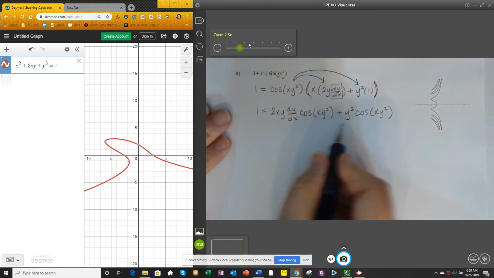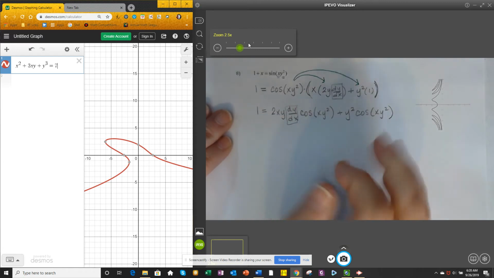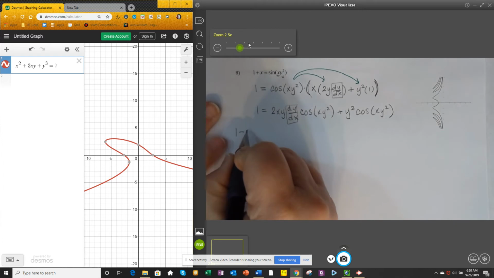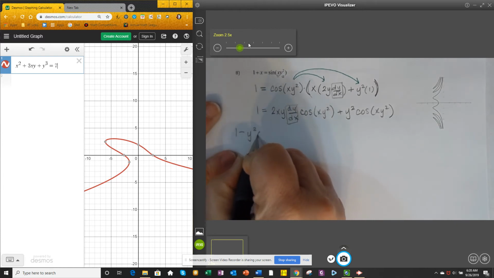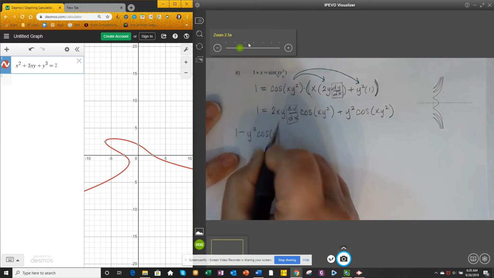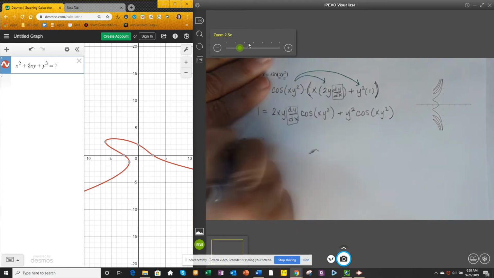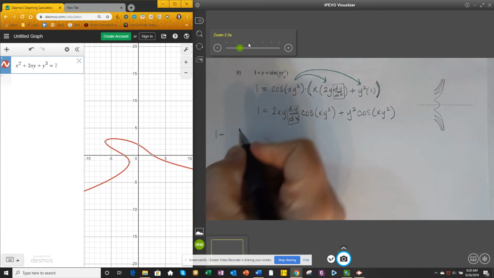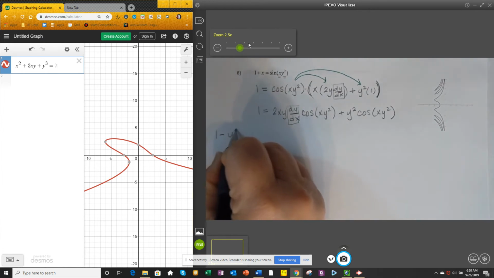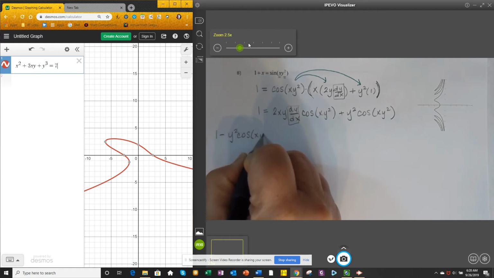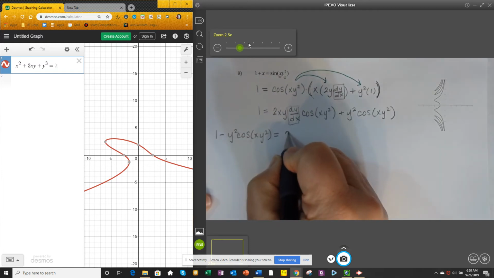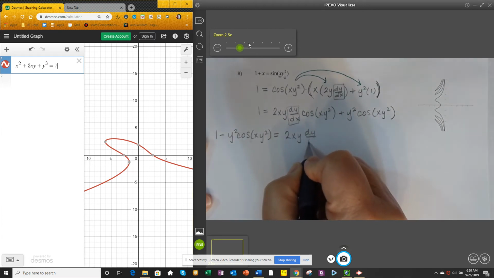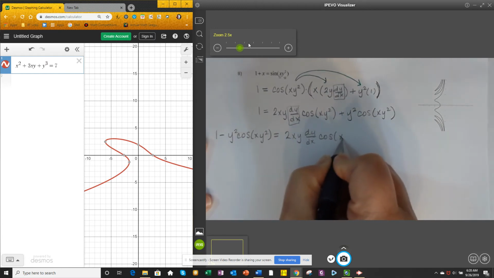Okay, and then this is a lot easier to solve for dy/dx because I'm going to move this term over. So let's do that. We'll get 1 minus y squared cosine of xy squared equals 2xy dy/dx cosine of xy squared.